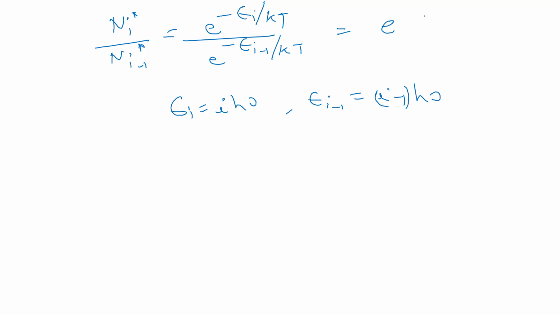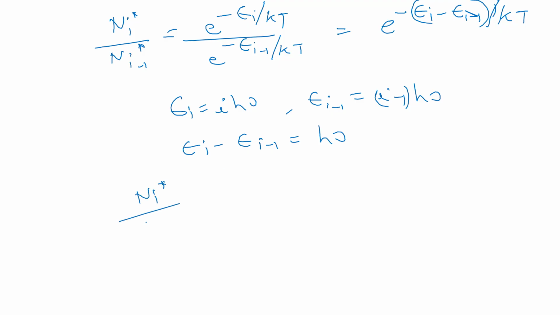So it will be e to the power minus (epsilon(i) minus epsilon(i-1)) upon kT, and their difference is h nu. So N(i)* upon N(i-1)* equals e to the power minus h nu upon kT.